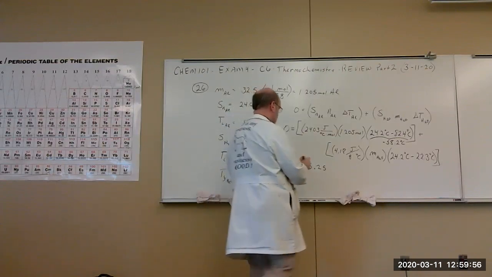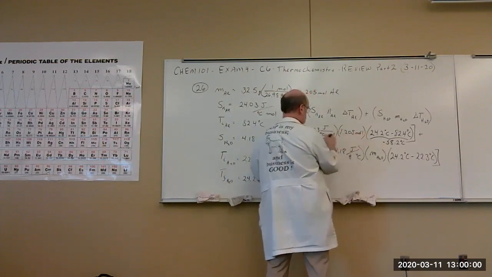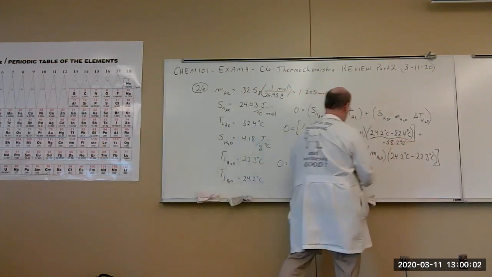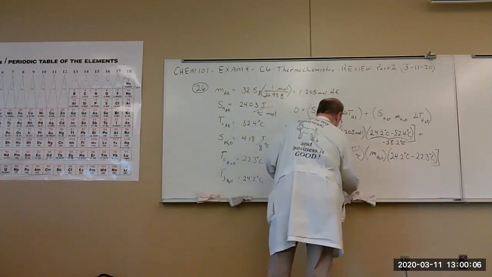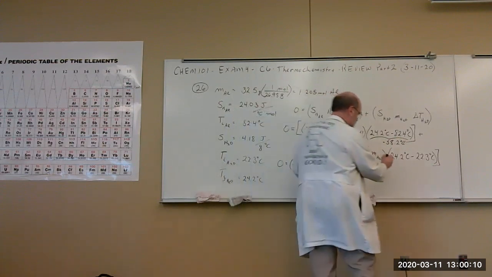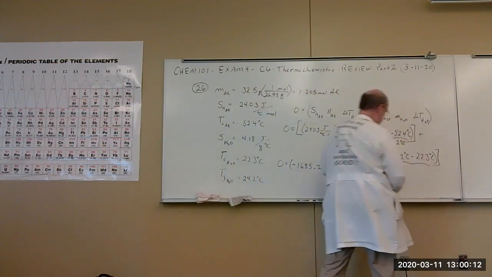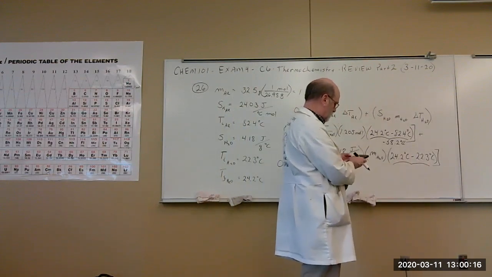That's correct. And this is joules, right? Because moles cancel, degrees cancel. So we got joules there. Now for the water, what happened to the water? Well, let's see, what is this term right here? 24.2 minus 22.3.